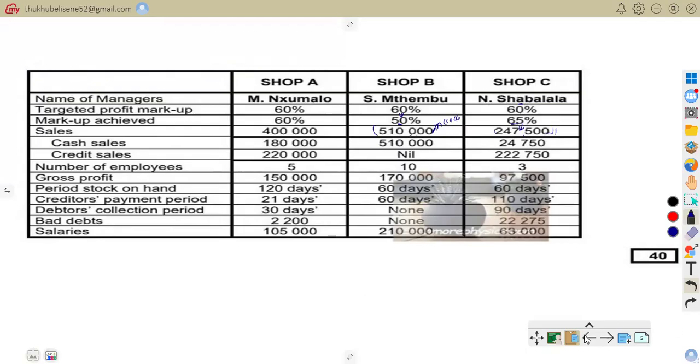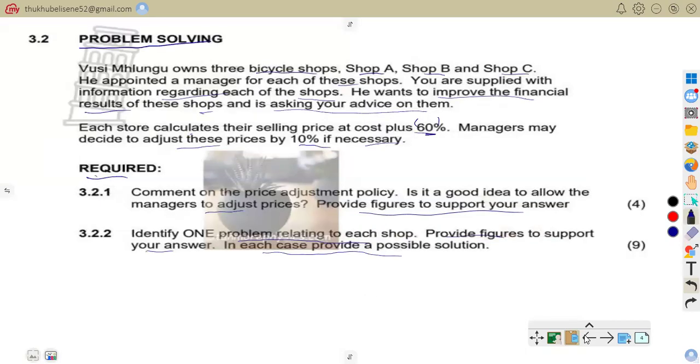So let us now go to another question. 3.22, we were asked to identify one problem relating to each shop, and we are to provide figures to support our answer. So in each case, provide a possible solution. So that is that.